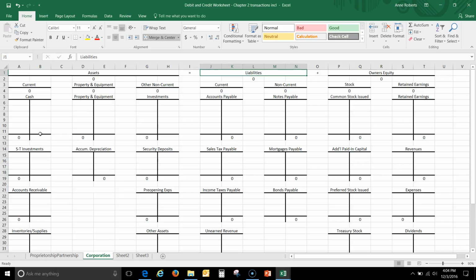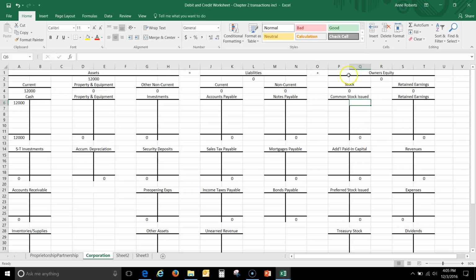In transaction 1, we issued common stock for $12,000. So the first thing that happens is cash goes up by $12,000, right? And that cash increase has to be coded to something as to what caused that increase. So we come over here to common stock issued.